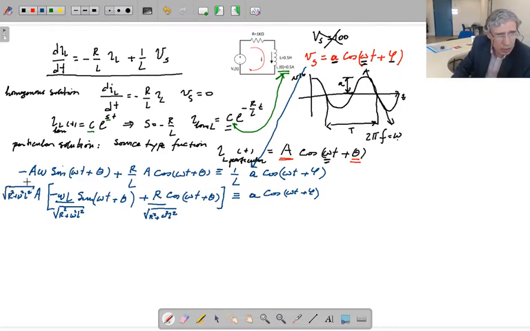If you do the multiplication, this gives you 1, so nothing would change. But look at this now.